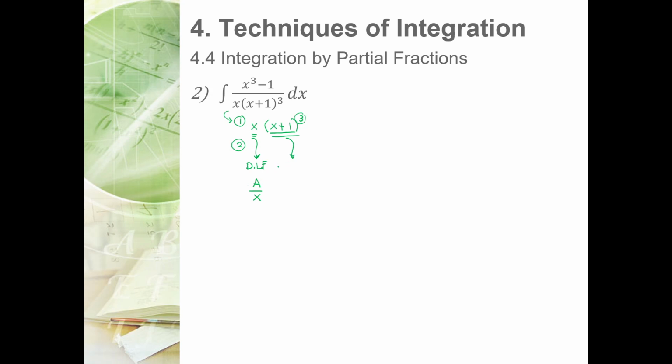So this gives us b, starting with the first term, x plus 1, going up to the x plus 1 nth power. Next is c all over x plus 1 squared, then plus d all over x plus 1 cubed.